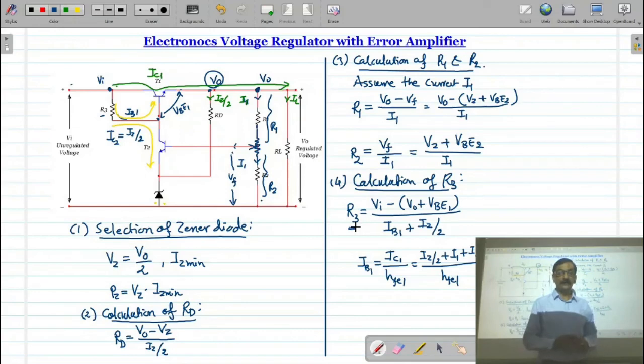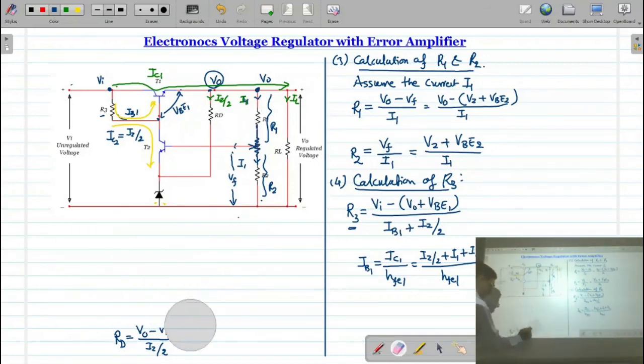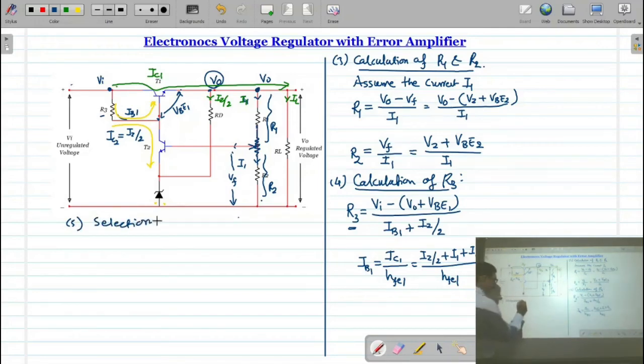But now the question is how to select the transistors T1 and T2, because it is also a part of the design. Correct? First of all, we will see the fifth one, the selection of T2.